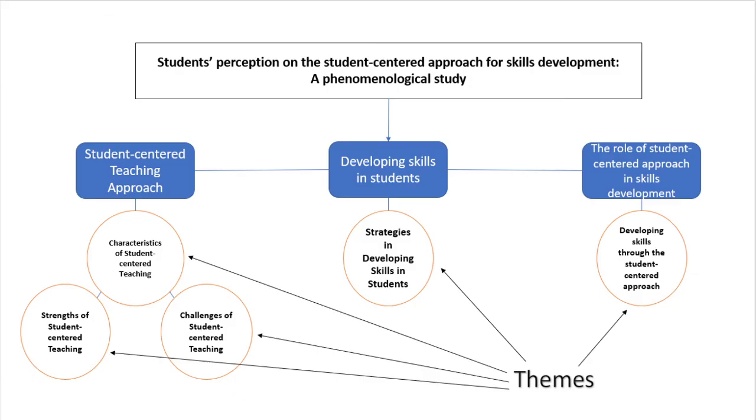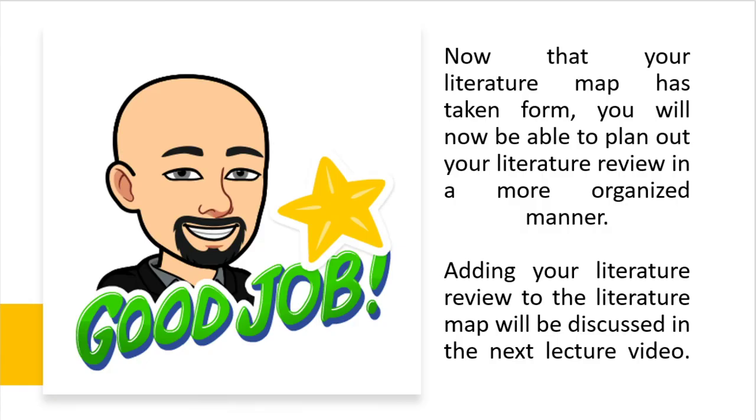Now we have an idea what to put in the RRL and where to put it. So we have achieved our objective, which is to organize the information. And now that your literature map has taken form, you will be able to plan out your literature review in a more organized manner, because we now have the map.